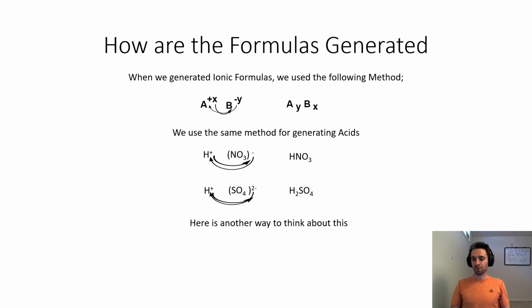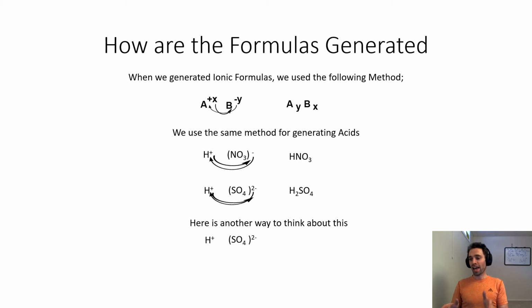When I was learning this, I was a little bit confused until somebody showed me the following way to think about it. Here's another way to think about this. If we have our SO4, that thing has a -2 charge, right? The total charge of that is -2. H has a +1 charge. So we have a +1 charge next to an SO4 with a -2 charge. How would we balance those out?